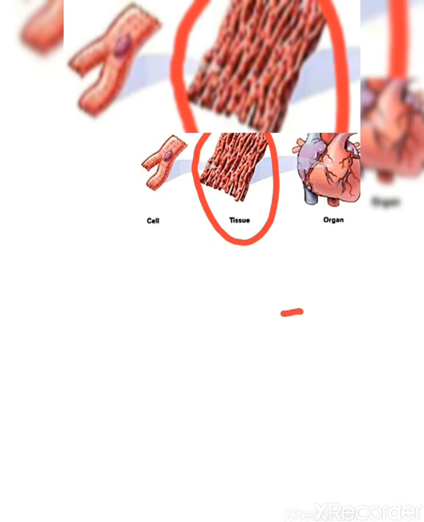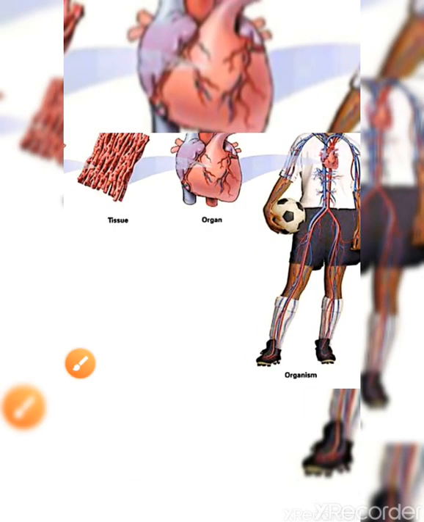Now we get organs. A group of tissues makes an organ, like this diagram of a heart. We have liver, lungs, kidney, a lot of organs. That means a group of specialized tissues makes a specific organ.